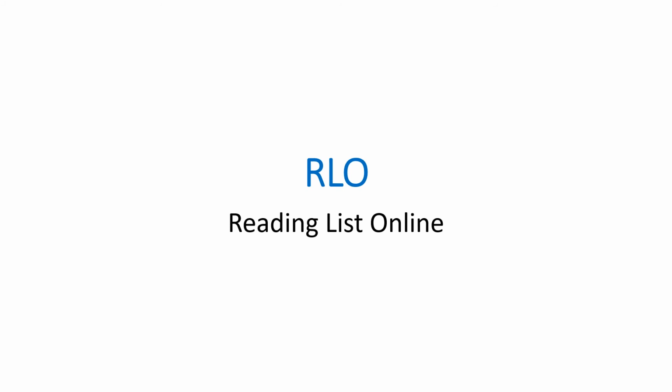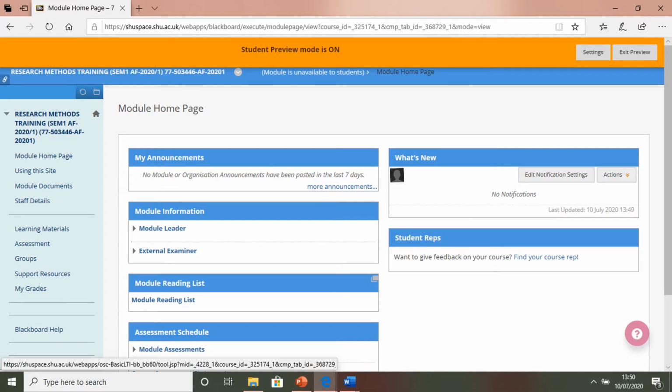So we're going to have a look at the reading list online for discursive psychology. The module reading list is on the module homepage, and you'll see it on the left hand side as you go down to those boxes. So click onto the reading list. It might take a long time to get onto it and you might have to log in, but hopefully you won't have any problems.